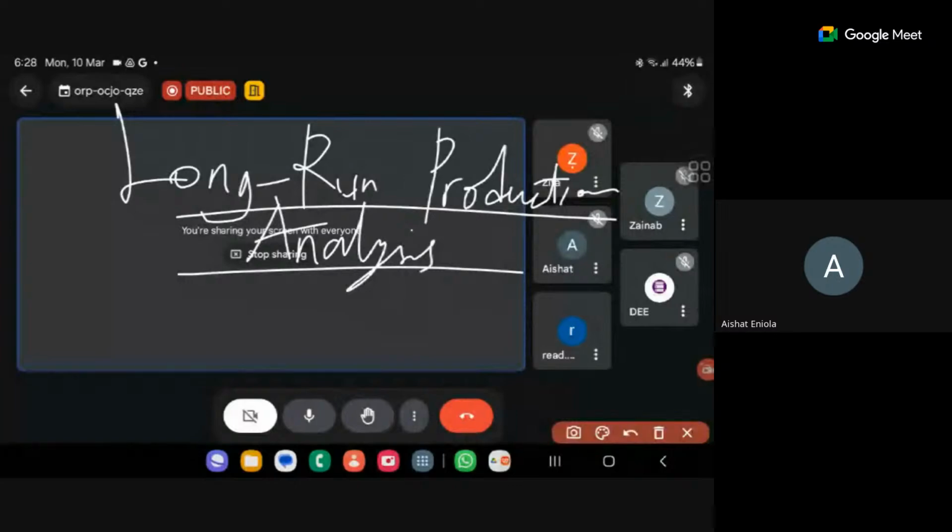In the long run, we have enough time to vary inputs, so no input is fixed, both the fixed one and the variable. There is enough time to increase the machine, the building, and the number of workers. So all factors are variable.